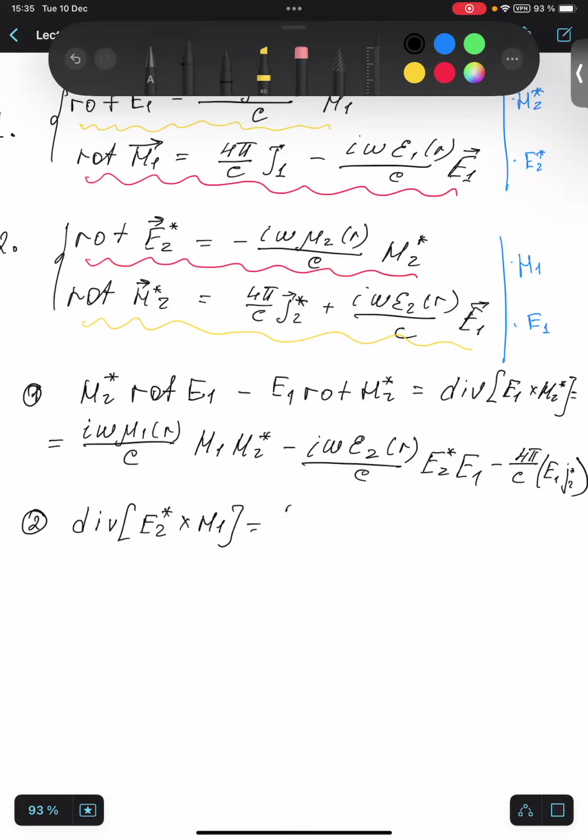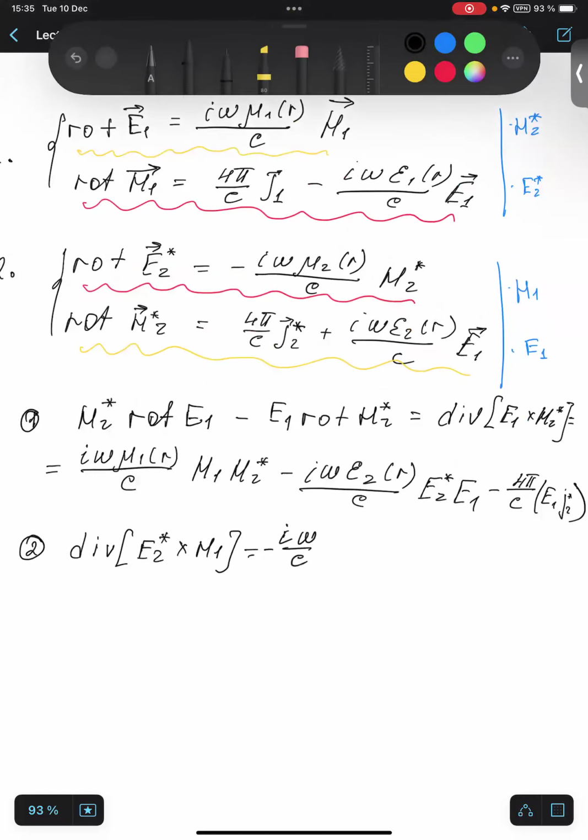The right hand side: minus I omega C... I'm sorry, guys. In the second pair, mu and epsilons also should be conjugated, because in the general case it can be a tensor.